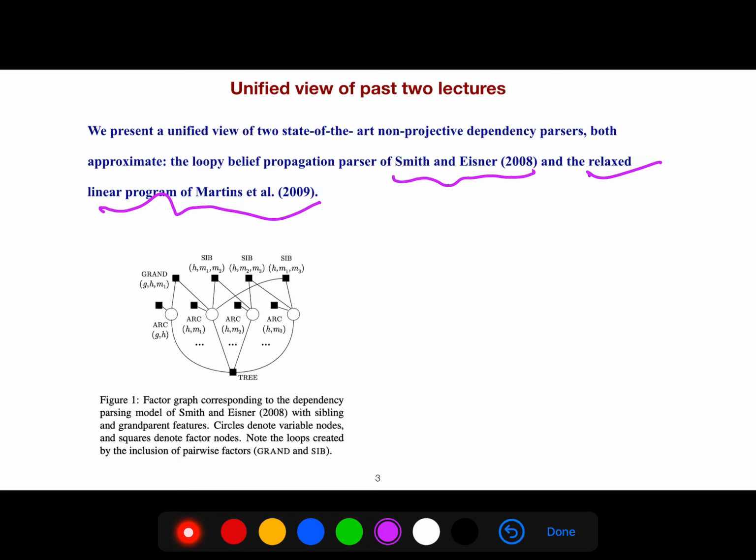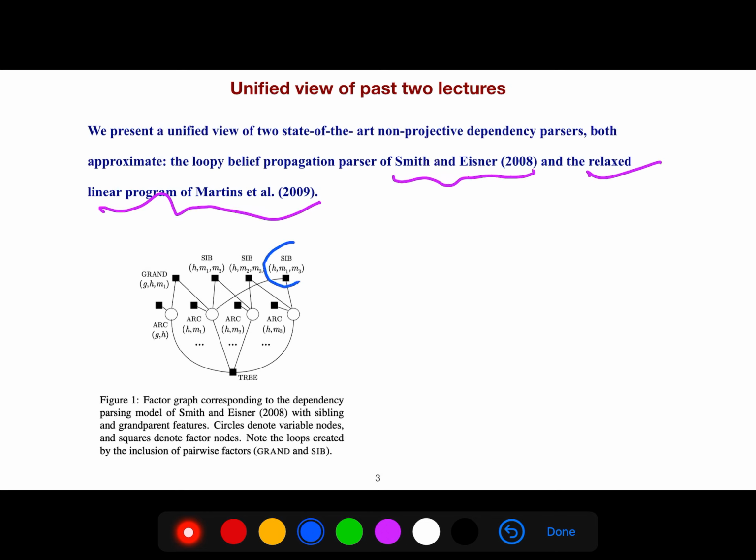So again, now we see that everything can be seen as a factor graph, where siblings represent grandparent features and sibling features. They represent higher order features.